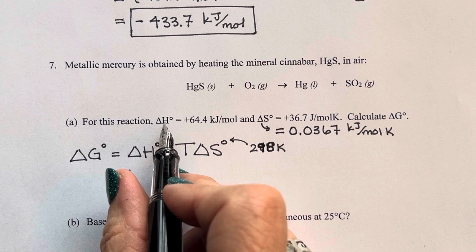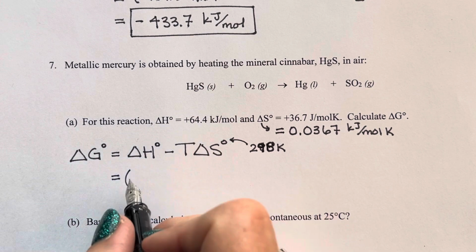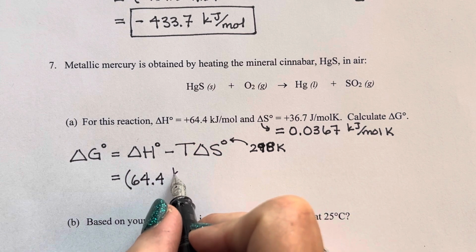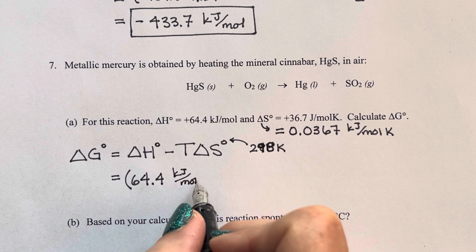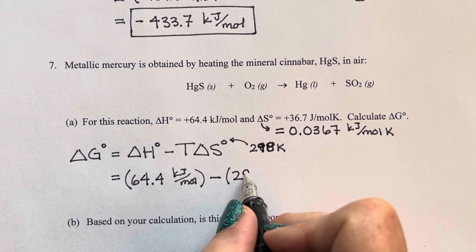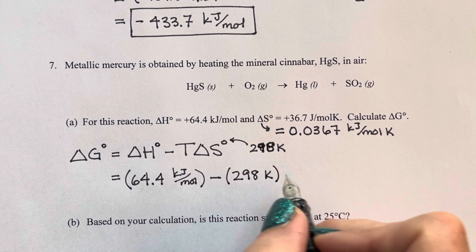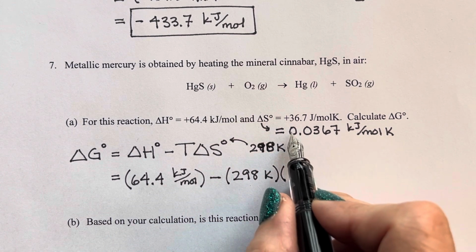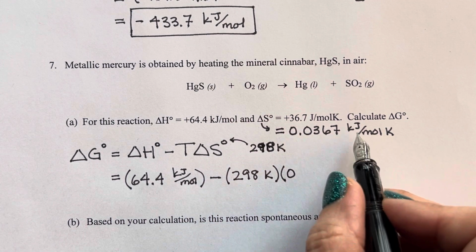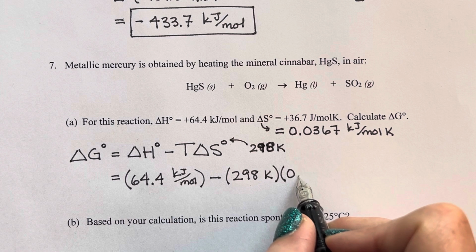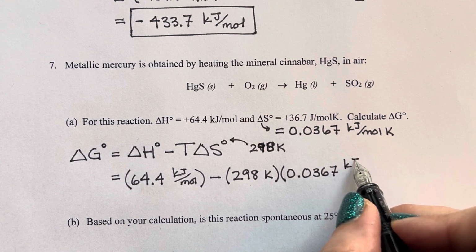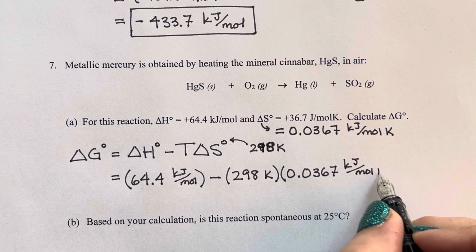Put in our values. This is an endothermic reaction, 64.4 kilojoules per mole. Then we will subtract 298 times, and here we converted this to kilojoules per mole Kelvin, 0.0367 kilojoules per mole Kelvin.